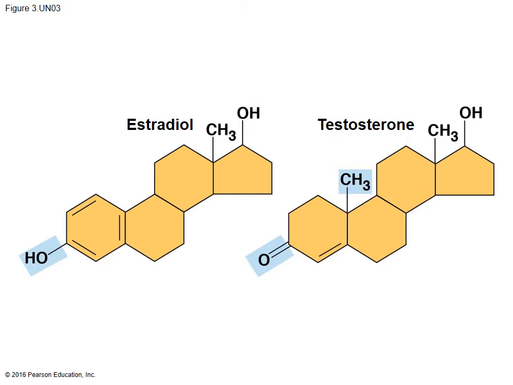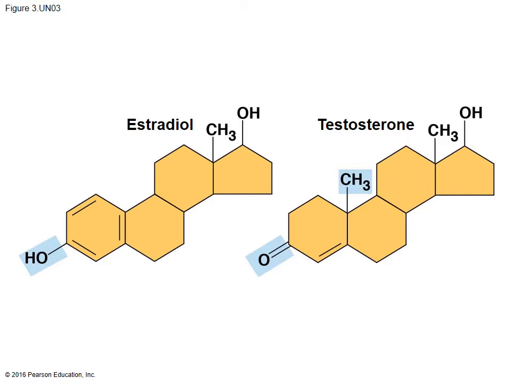And then, of course, testosterone is associated with facial hair and the taller or bigger body structure for a man. But what is important here is that the rings that are colored in yellow are the same on both molecules. If you look at them, they are identical.